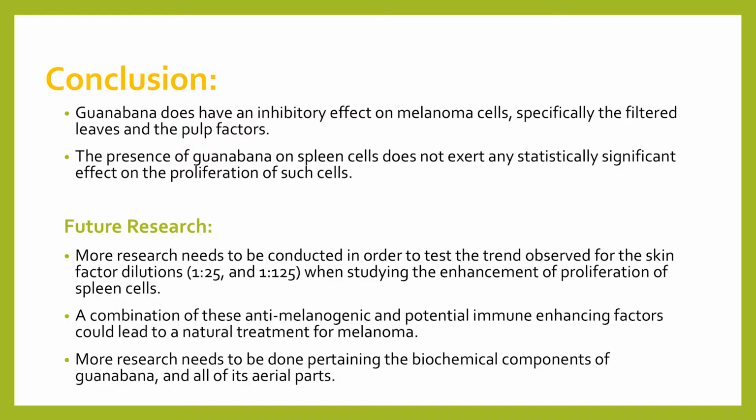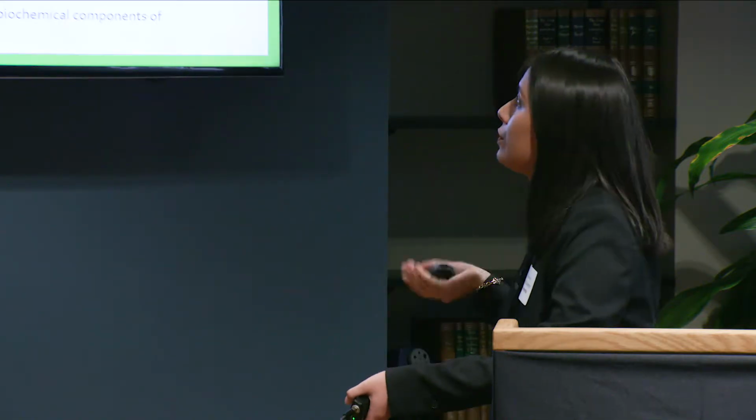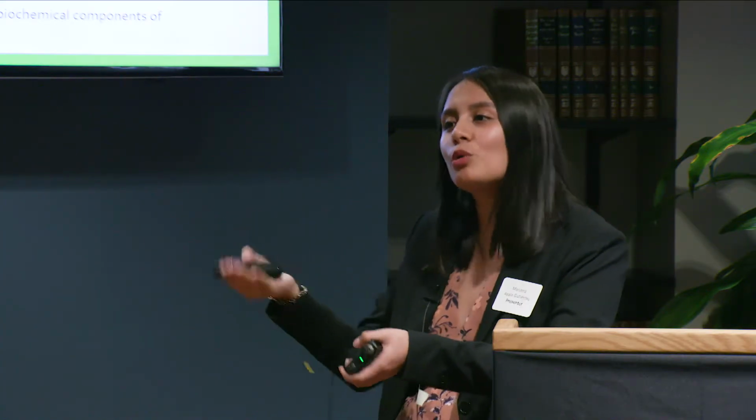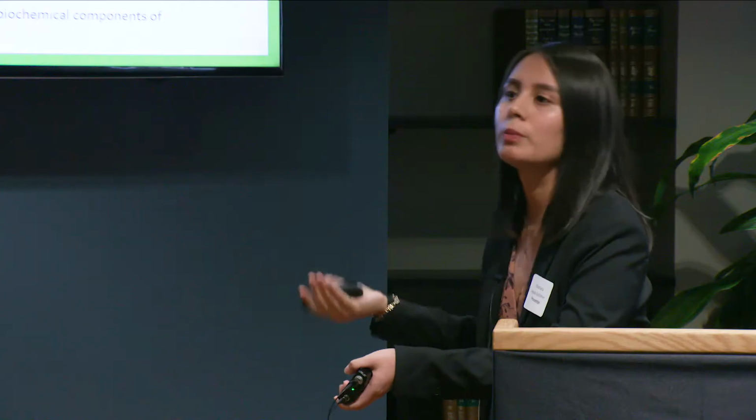My second conclusion is that the presence of guanabana on spleen cells does not exert any statistically significant effect on the proliferation of such cells, but this doesn't necessarily mean something negative. It only shows that the spleen cells, when around this factor, neither die nor thrive. So it's kind of positive, but we would like for it to be boosting them up because it's our immune system.